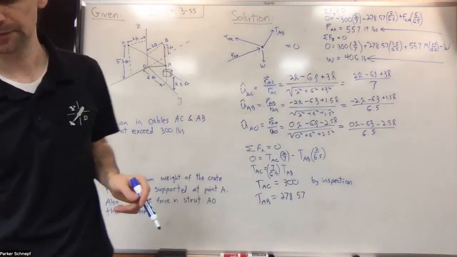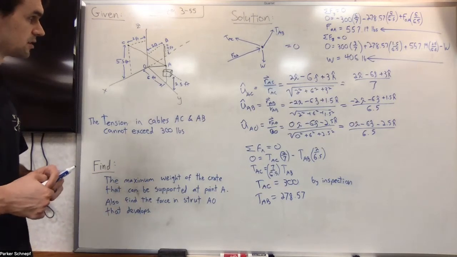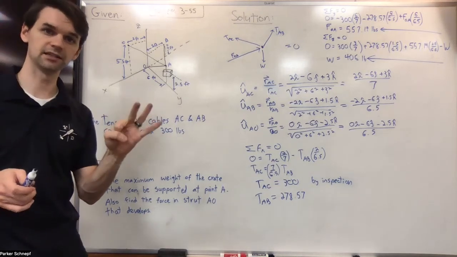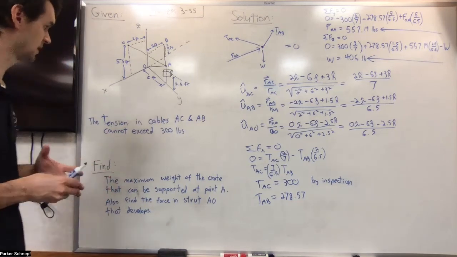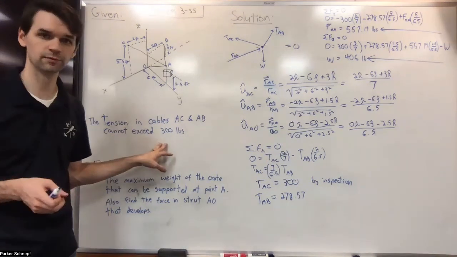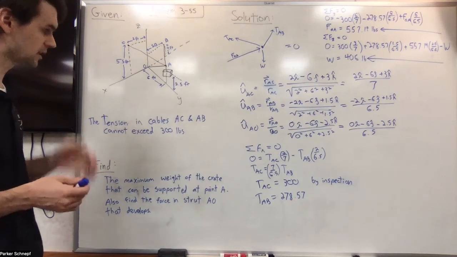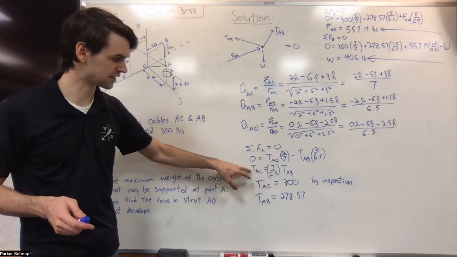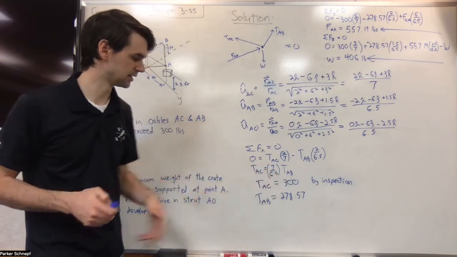With 3D problems like this, it's really just the same as the 2Ds, just now we have three equations, sum of forces in X, Y, and Z, that we can use, which means we can solve up to three unknowns. When you have a problem like this, where it asks you to find the maximum force that can be supported before something breaks, in the best case scenario you get a case like this where you can directly compare them, and you can know this one's definitely going to break first because it's more than one times what the other one is.